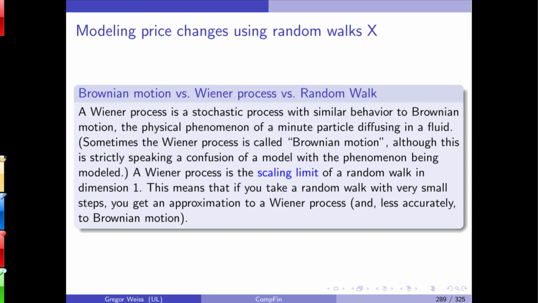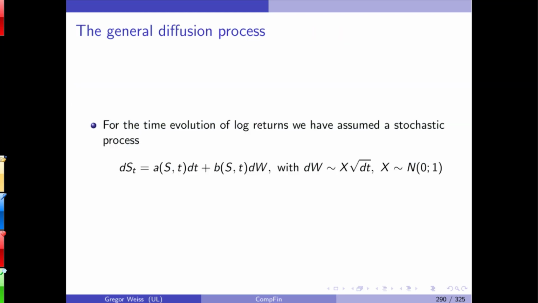So, in some cases you will see Brownian motion, in some cases a random walk assumption, or you will see a Wiener process, basically all the same. Brownian motion is the phenomenon, Wiener process is the model, and random walk is a special case.